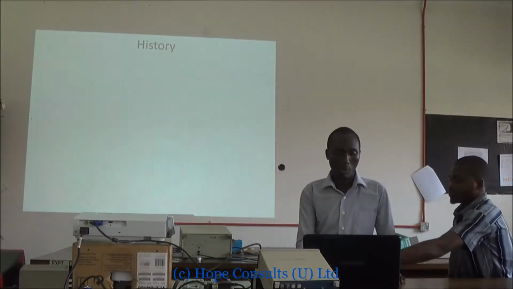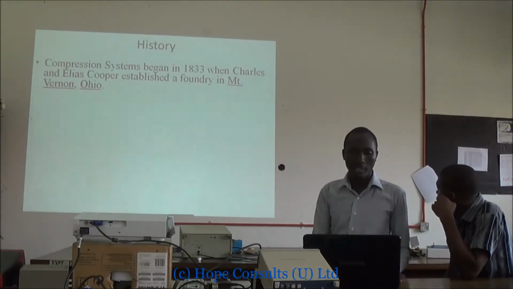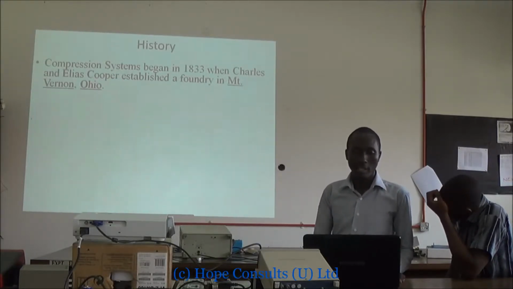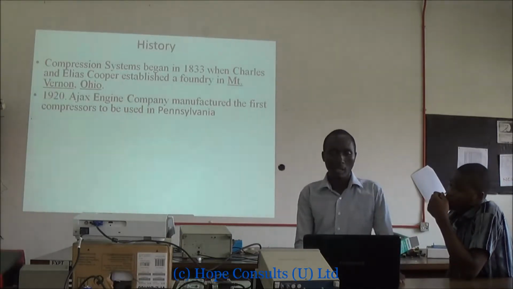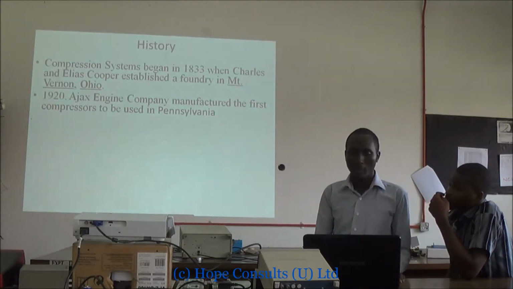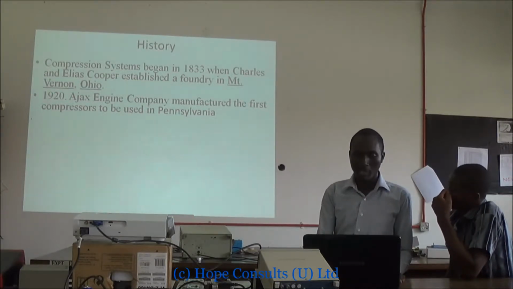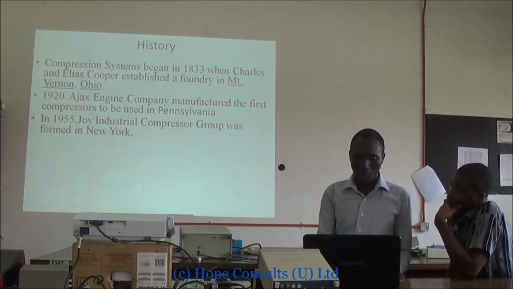The history of compression. In 1833, the systems began when Charles and Elias Cooper established a foundry in Mount Vernon. Then in 1920, the first compressor was made by a gentleman called Ajax in Pennsylvania, and in 1955 the industrial compressor group was then formed in New York.